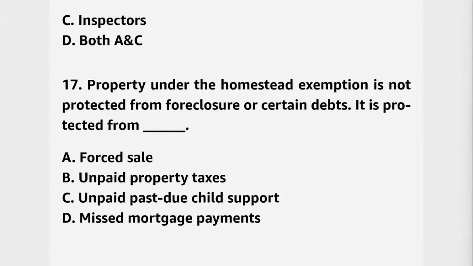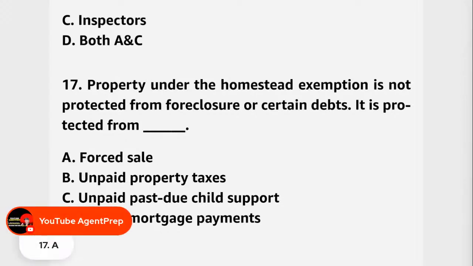You know, those little places where you go and borrow money for 35% interest or something. It does not protect from defaulted second liens, from home equities, from property taxes, nor mortgage payments, nor government student loans. So a lien can be put on properties for that. So a forced sale, and that's from creditors like credit cards or other loan places.